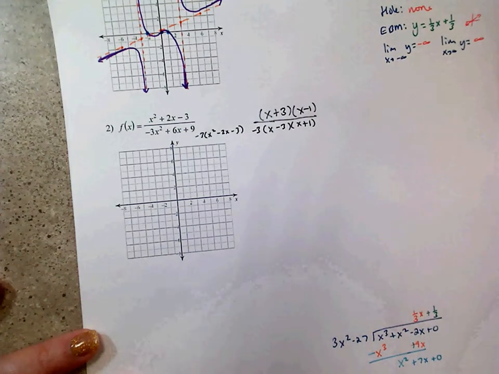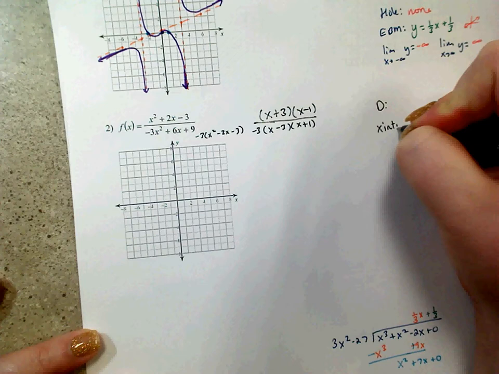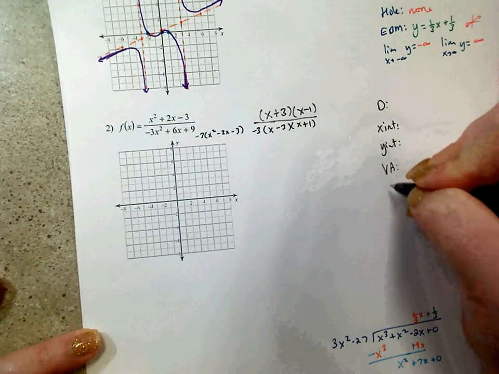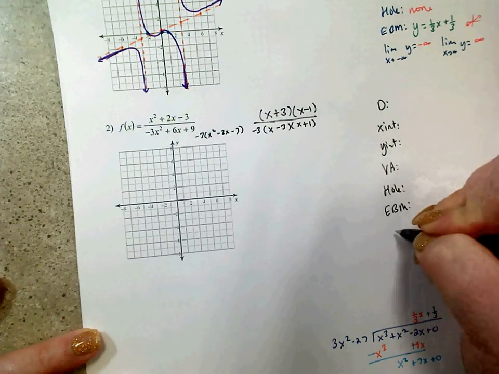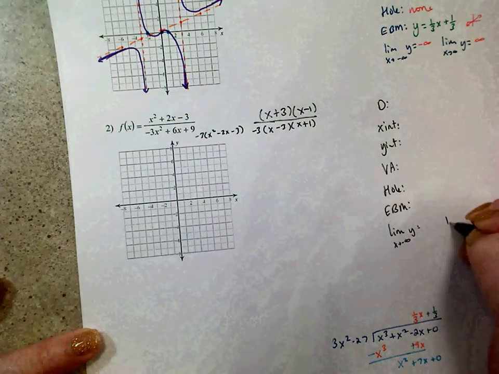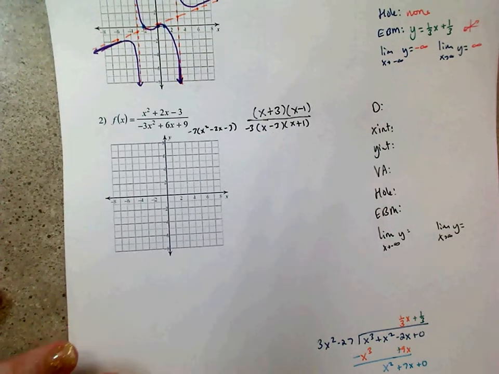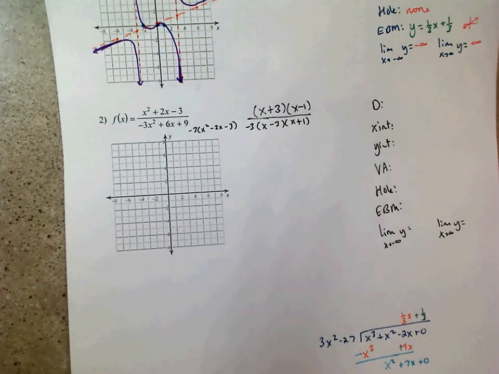Okay, so domain, x-intercept, y-intercept, vertical asymptote, hole, end behavior model, and limits. Okay, I will say in this case, starting with the end behavior model, the degrees are the same on the top and the bottom, which makes the end behavior model just a ratio of the leading coefficients.